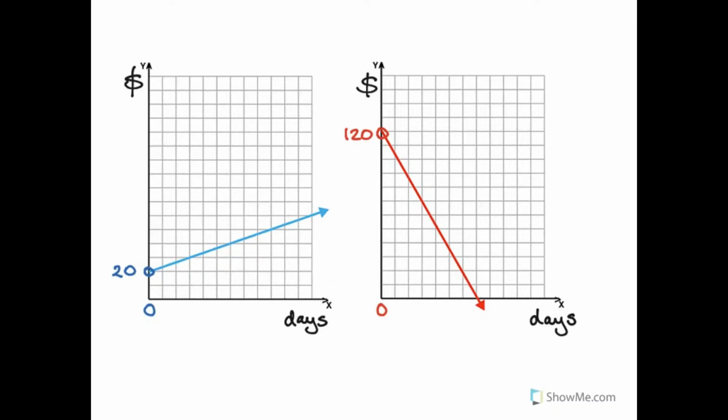The other thing we can notice from the line, the blue stock is increasing. The price keeps going up as time goes forward. But the red stock is decreasing because the price keeps going down as time goes forward.